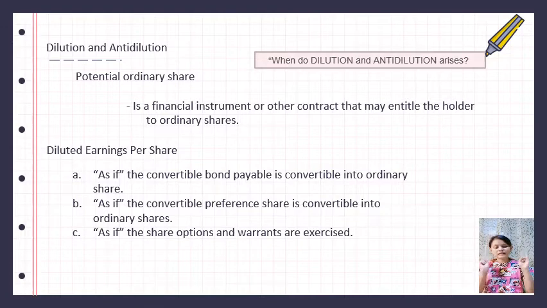And lastly, as if the share options and warrants are exercised. On the other hand, the computation of the diluted earnings per share is based on the assumption that additional ordinary shares are issued as a result of conversion of convertible securities and exercise of the options.